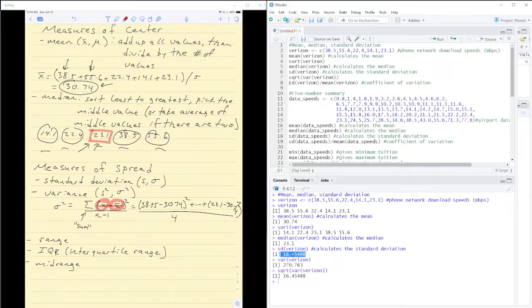Whereas if I was talking about the variance of that compared to the variance of, say, house prices, which are in the hundreds of thousands of dollars, and the price between two houses could be in the tens of thousands or even hundreds of thousands of dollars difference, right? So the variance is going to be a much, much bigger number just because your data points are much, much larger numbers.